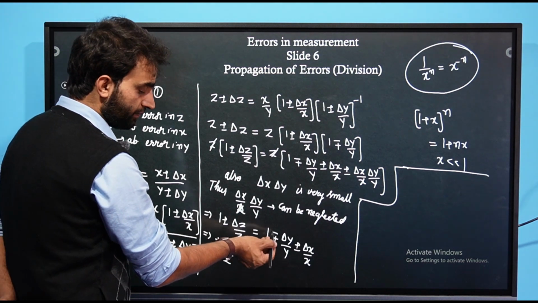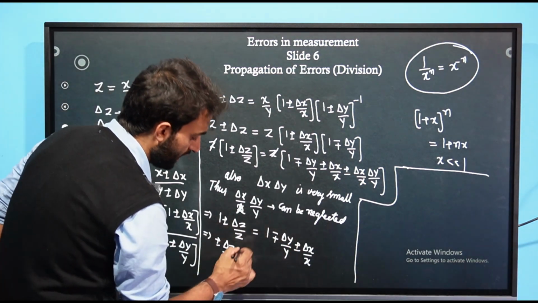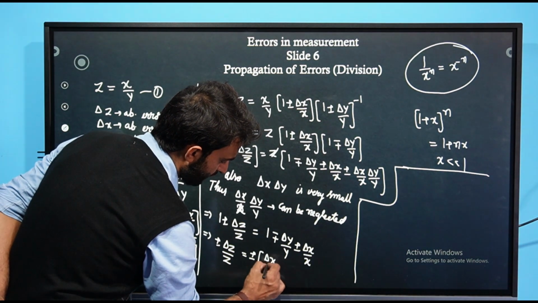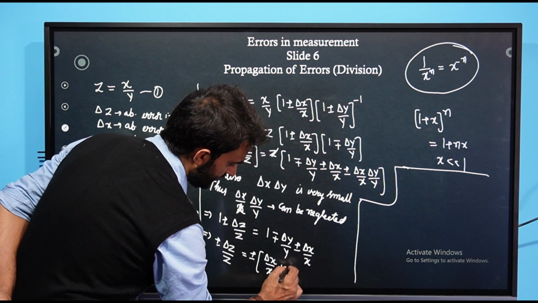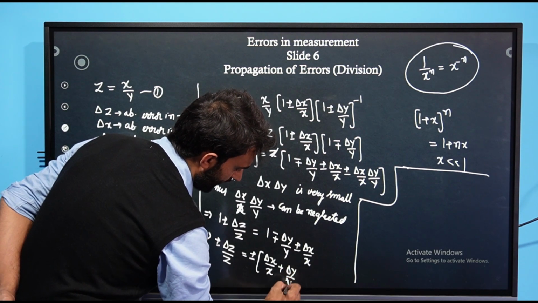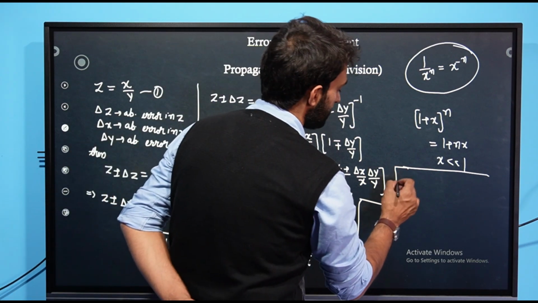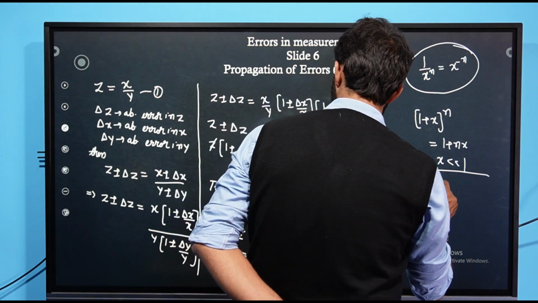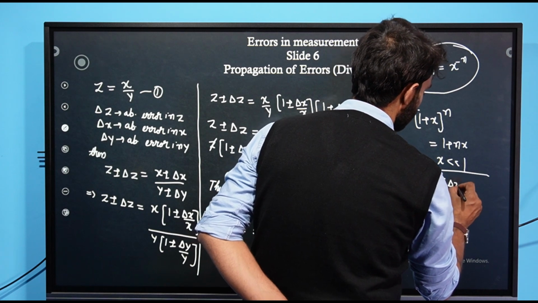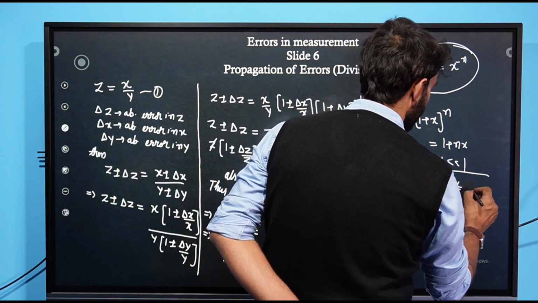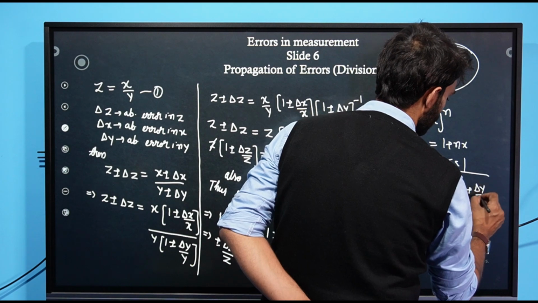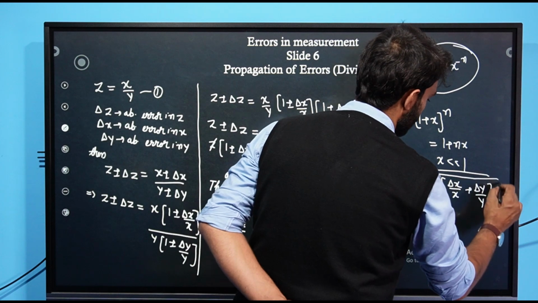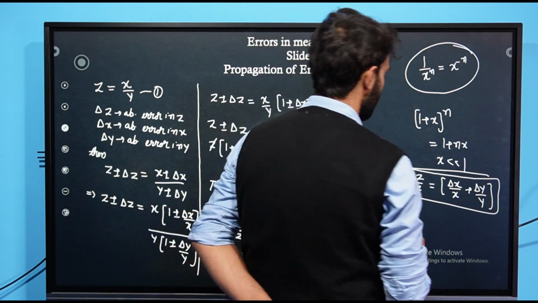Now you see this term, there is minus, there is plus, there is minus, there is plus, so we can write it as plus minus will go out, and that will be delta x by x and plus delta y divided by y. So that means fractional error delta z by z is equal to delta x by x plus delta y divided by y. So this is the fractional error we will obtain in case of z.